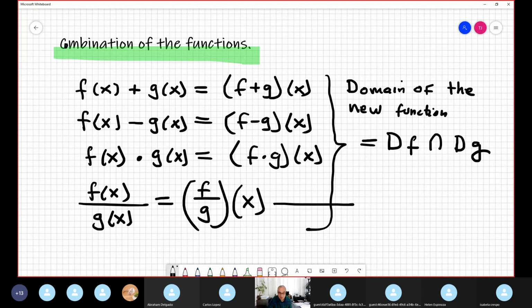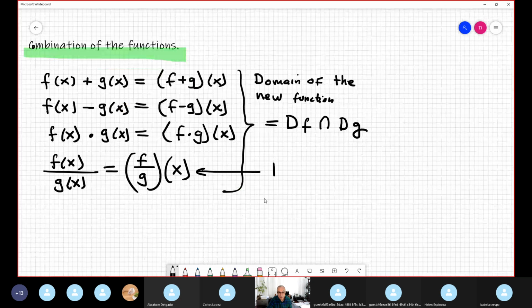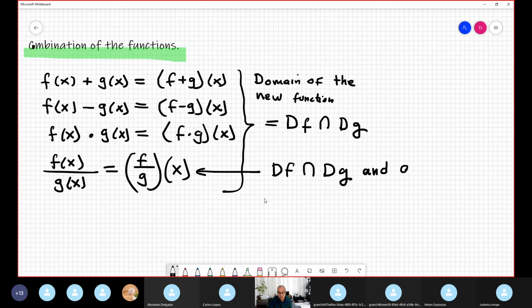Except in the division. The division is a little bit picky and introduces a new condition, that is domain of f, of course, intersection domain of g. Intersection, remember, means common elements, and you need to guarantee that g of x never is 0, because division by 0 is undefined.